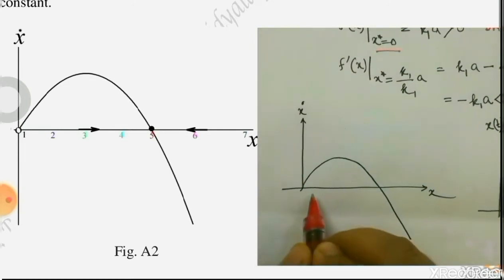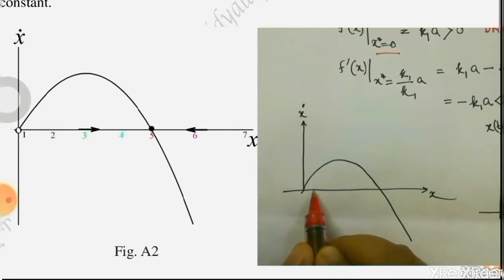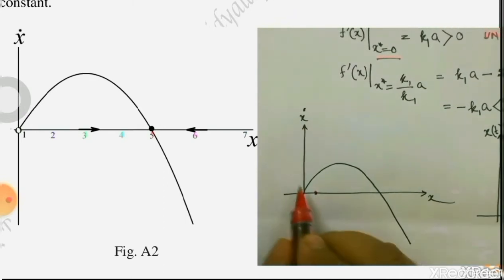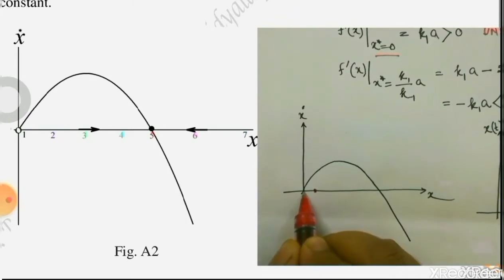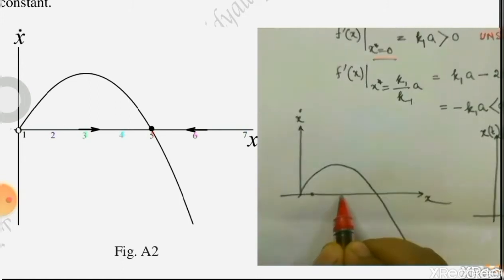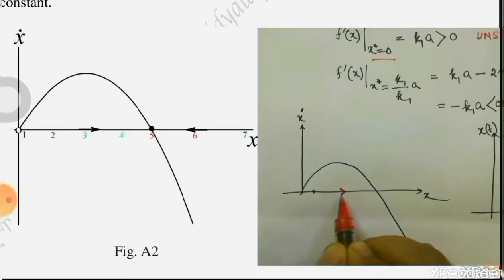Suppose we have chosen an initial condition at this point. If x is equal to 0, then you can see that the flow is towards the right direction.